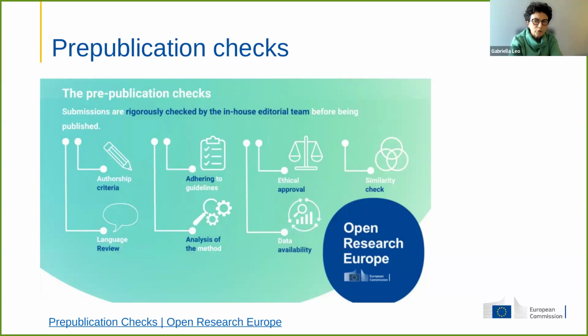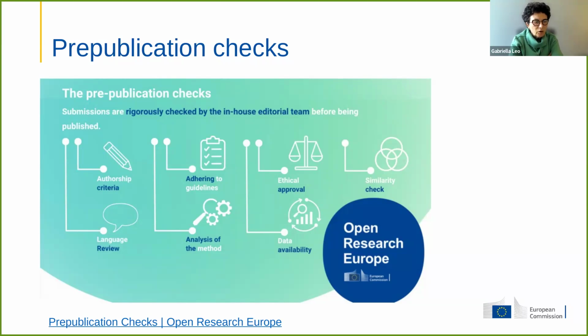There is the authorship, because at least one of the authors of the paper must be involved in a running or finished EC-funded project. It is checked against the language and readability. It is checked against the guidelines and the policy of Open Research Europe.